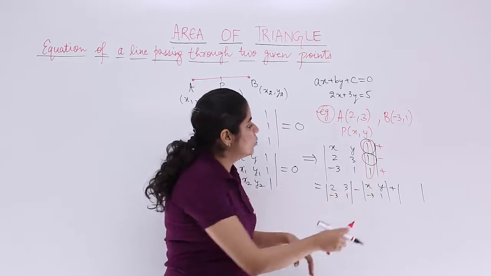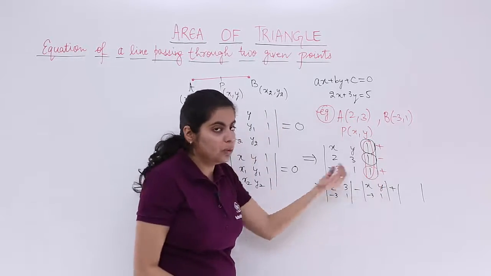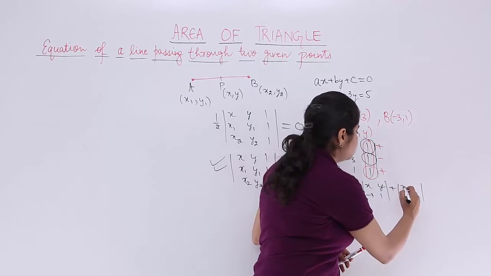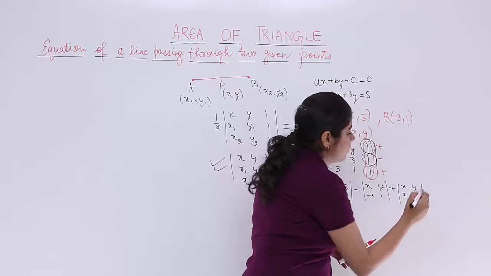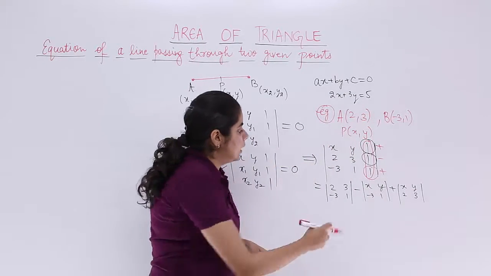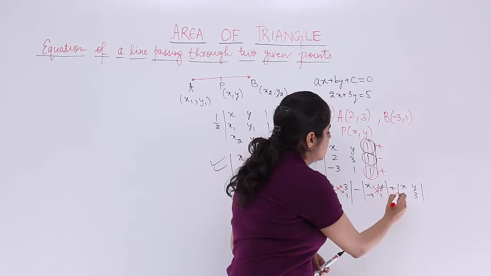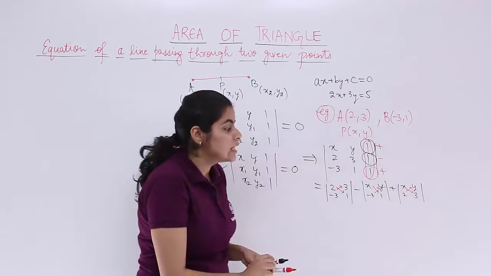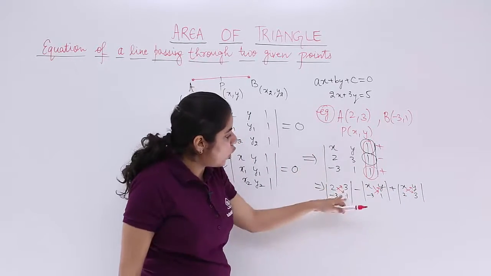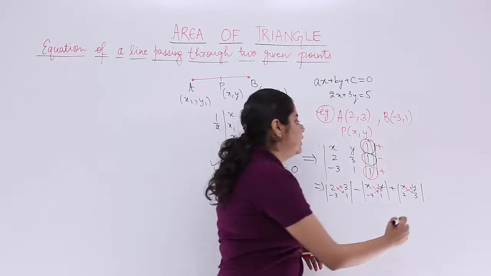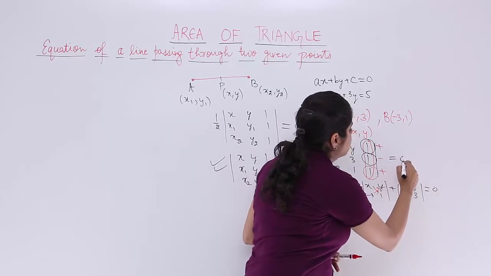Ignore the third row and the third column, you have x, y, 2, 3. Now you have to just cross multiply in order to evaluate. And since it is collinearity, this whole thing is equal to 0.